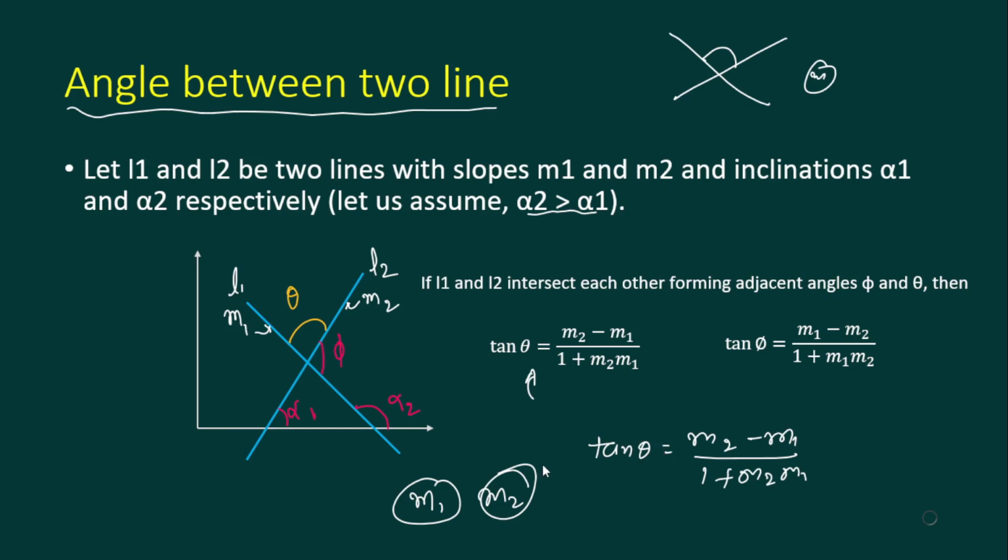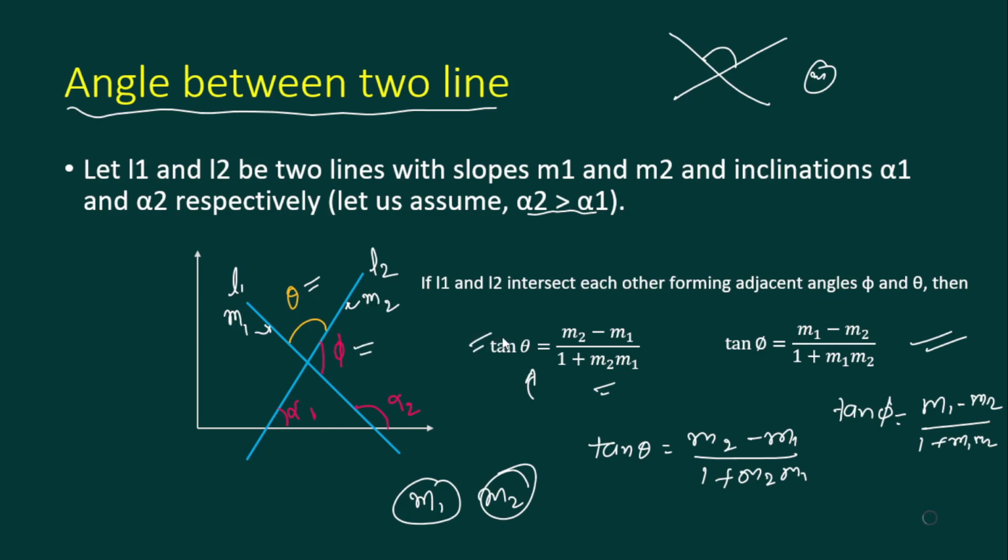In the same way we can find the angle phi: tan phi will be equal to m1 minus m2 upon 1 plus m1 m2, which is written here. By using these two we can find the angle between both the lines. This will be the theta angle, this will be the phi angle.